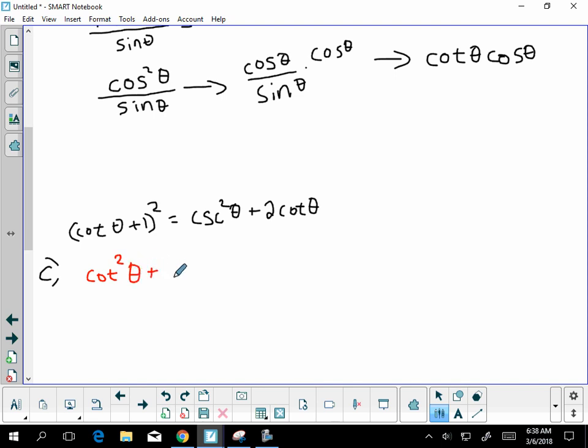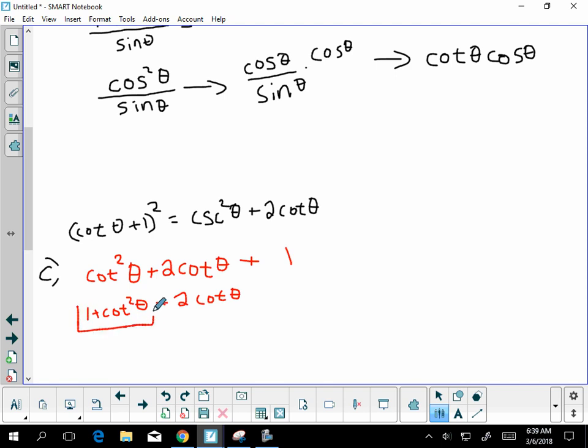plus 2 cotangent theta plus 1. Well, if I were to rewrite that, take that 1 and write it first as 1 plus cotangent squared theta plus 2 cotangent theta.